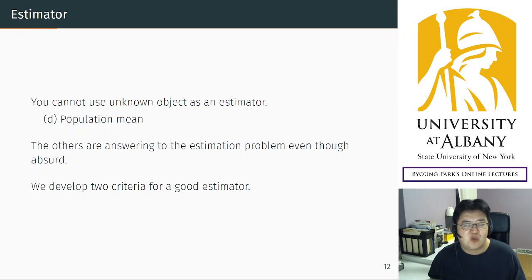Then what are good estimators? The ultimate goal is to find a good estimator. So we are going to answer that question: what is a good estimator? And we are going to develop two criteria for an estimator to be good.